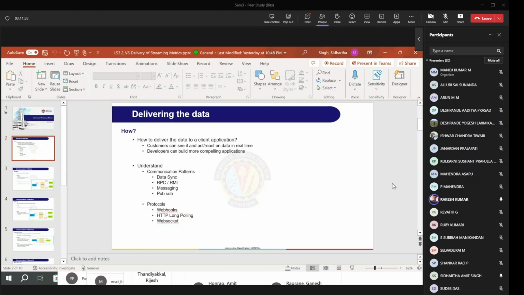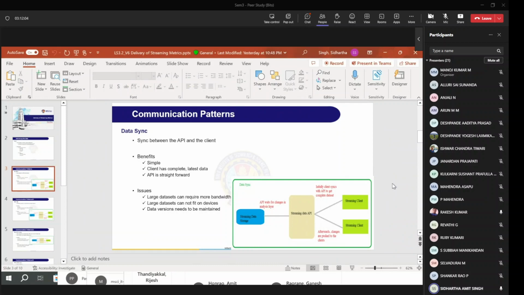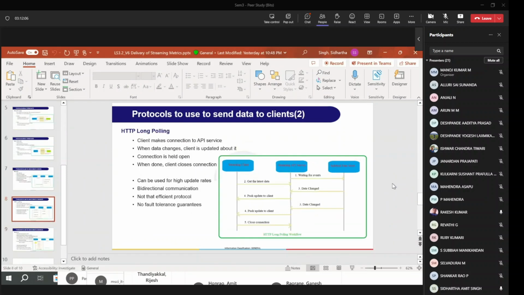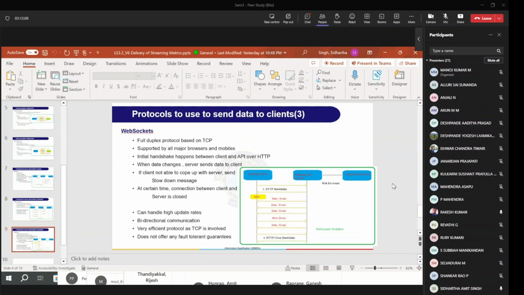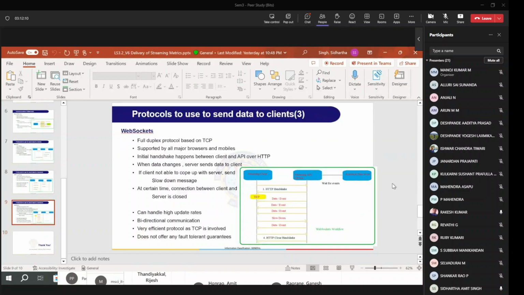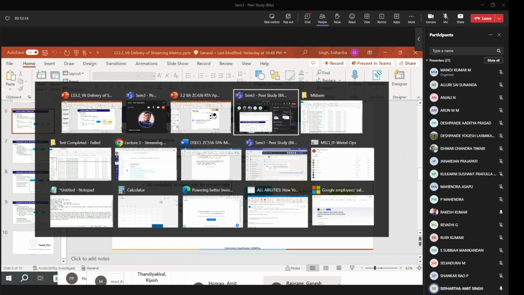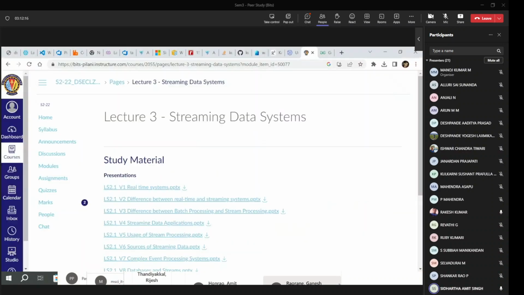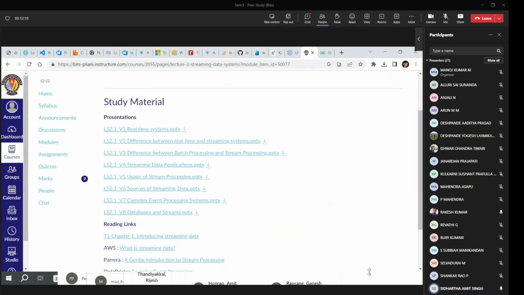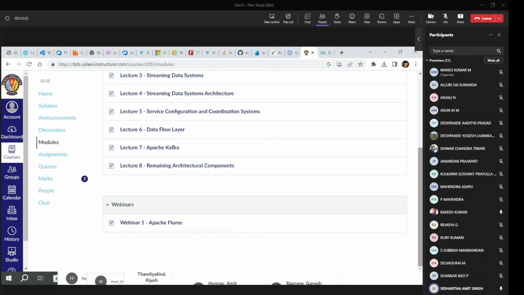Can you go to the next slide, because there are some on the next slide also. No, there's nothing, they're just describing everything. Was this taken in our class? I'm not seeing this PPT at all. I don't remember. If you go to the modules, the last one, remaining architecture components.